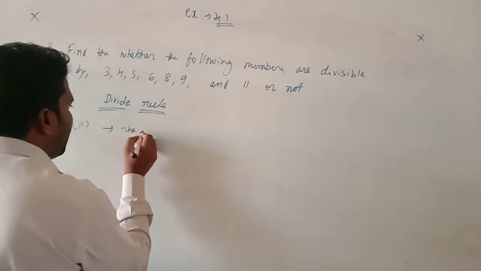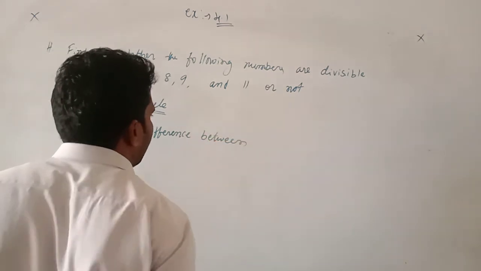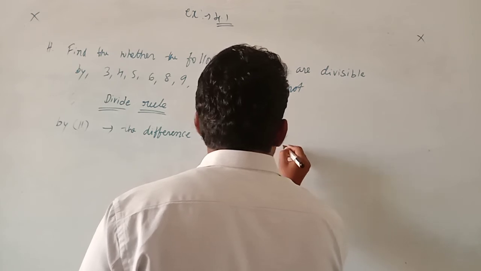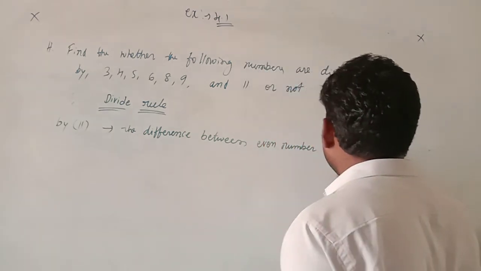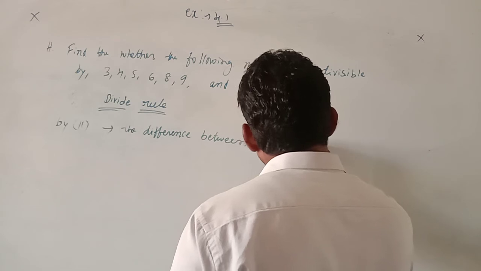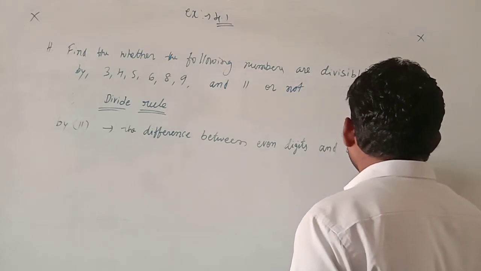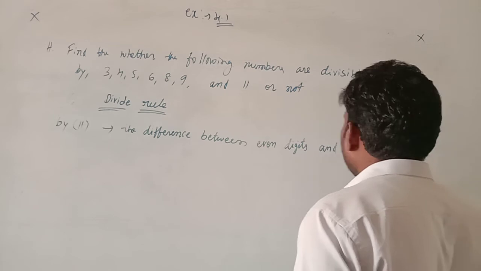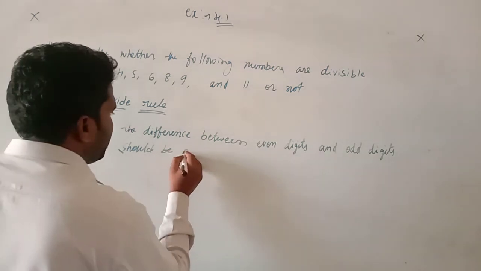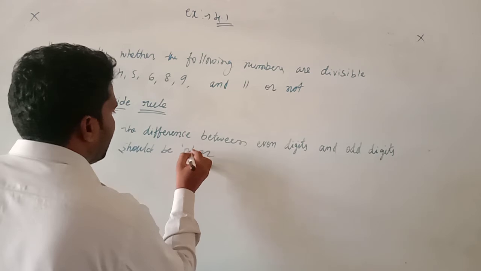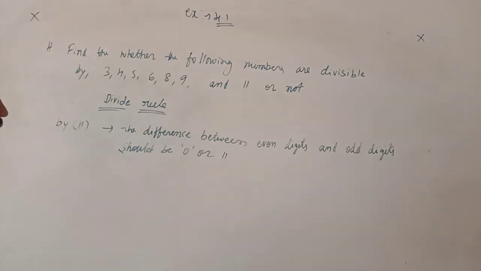The difference between even digits and odd digits should be zero or 11. Then the number is divisible by 11.